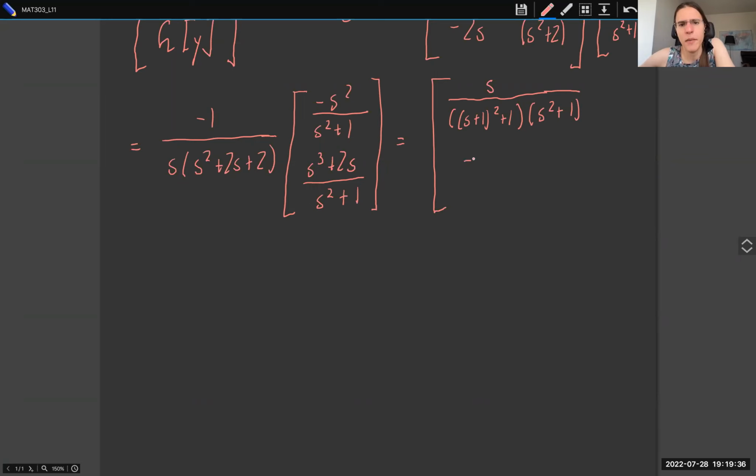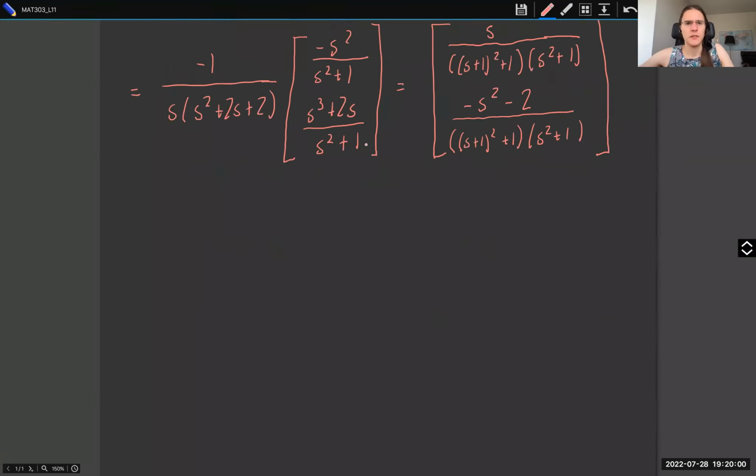Then here we have minus S squared minus 2 over the same denominator. And then we're going to solve the first one.